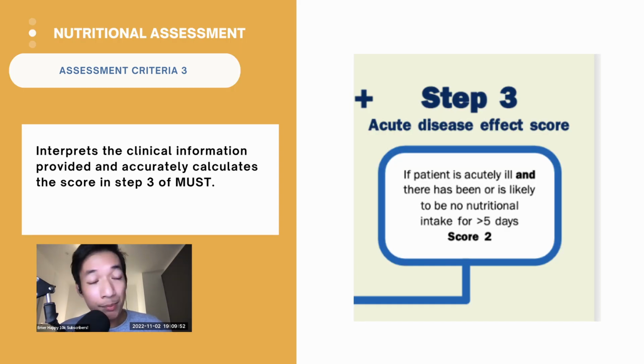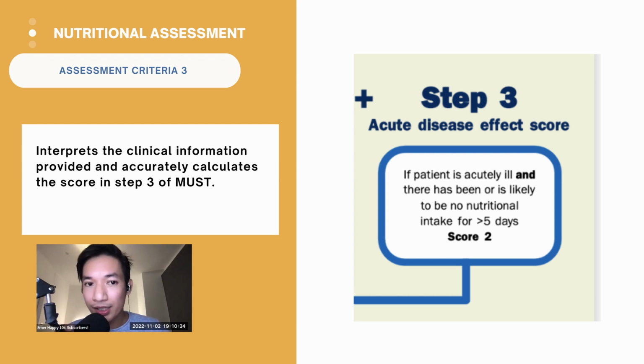Okay. Step number 3, you have to interpret the clinical information provided and accurately calculate the score in step number 3 of the MUST. So step number 3 talks about acute disease effect score. So the score for step number 3 is either 0 or 2 only. Okay, remember this?